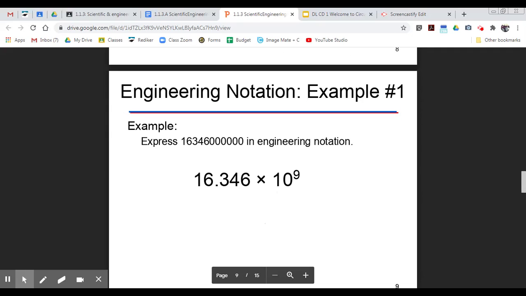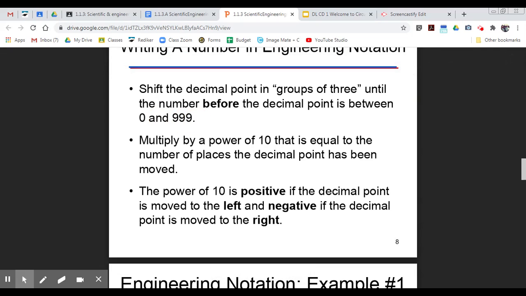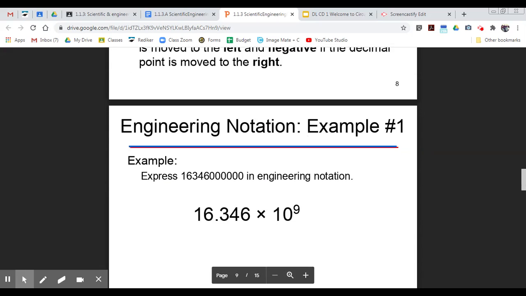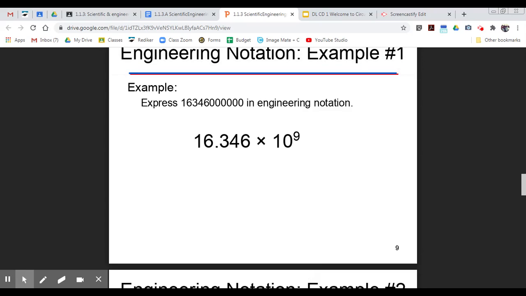This one is a little trickier. Engineering notation. We're going to need a number before the decimal between 0 and 999. Otherwise, it's just like scientific notation.